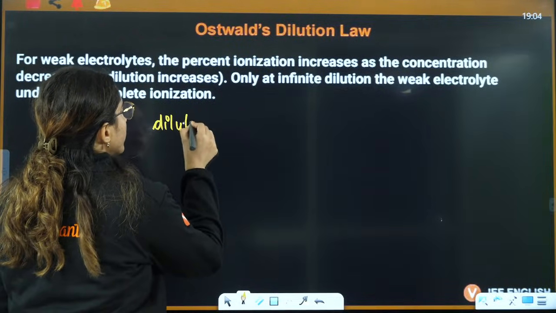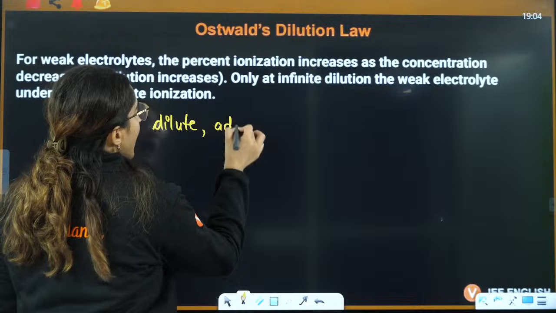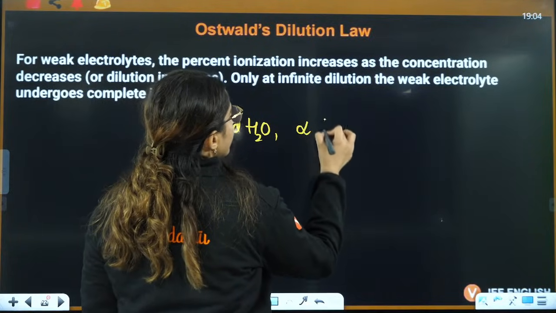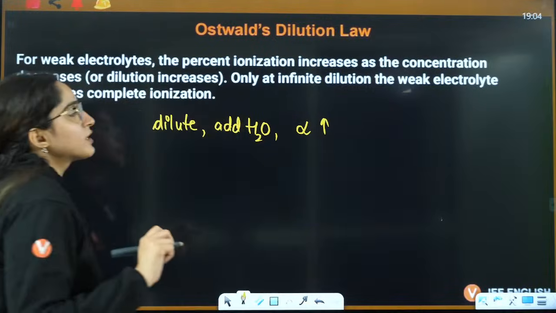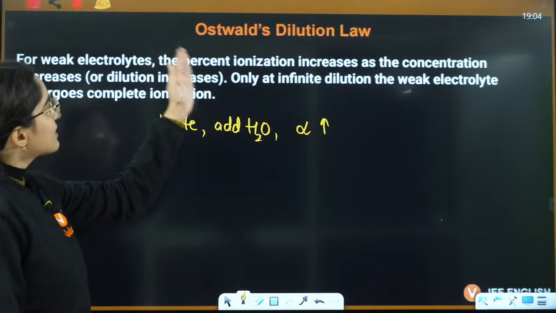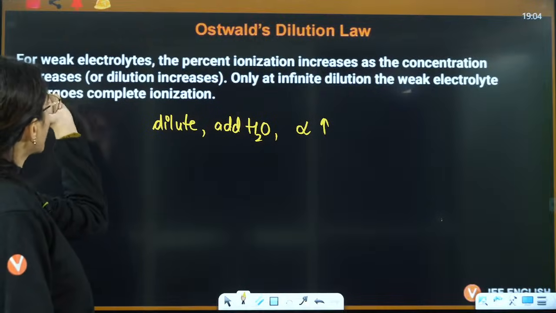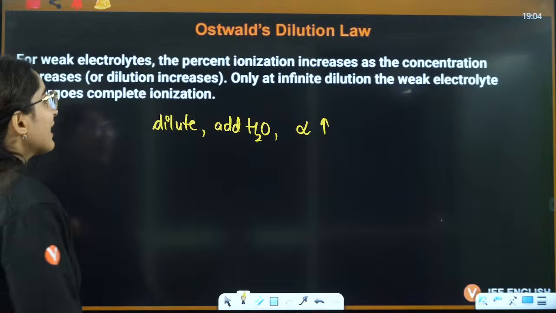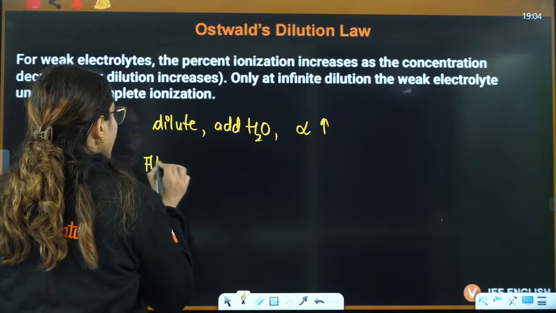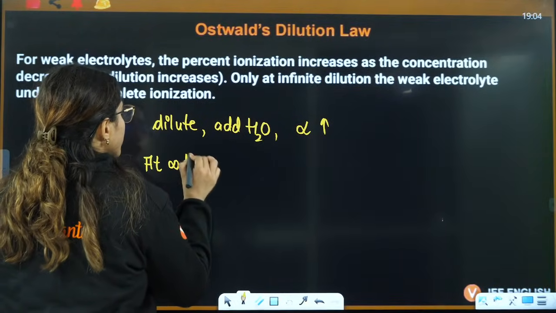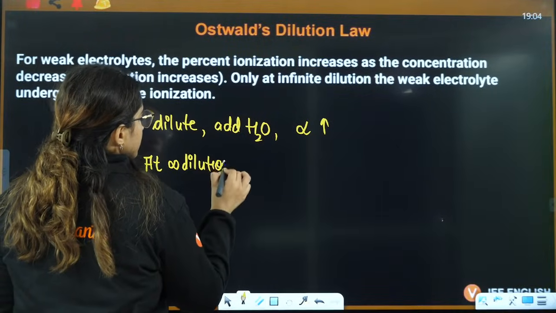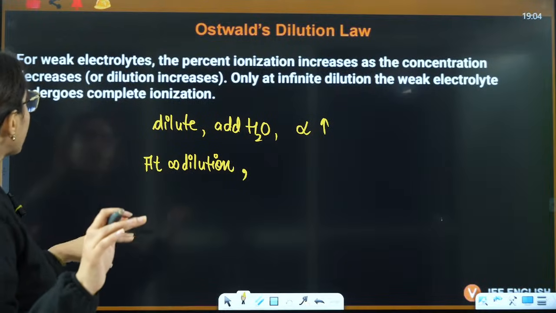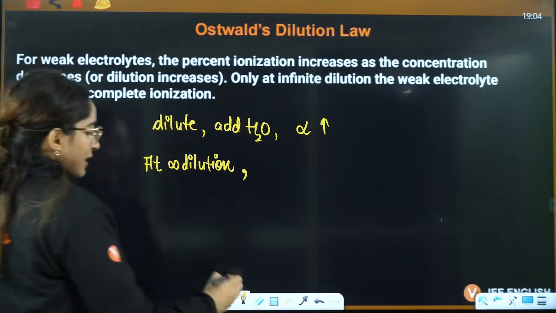So that means when you dilute, that means when you add water, the value of alpha will increase. This is what they are saying in simple language. Percentage ionization increases as concentration decreases. That means when you dilute it. And at infinite dilution, when concentration becomes zero, the weak electrolyte undergoes complete ionization.